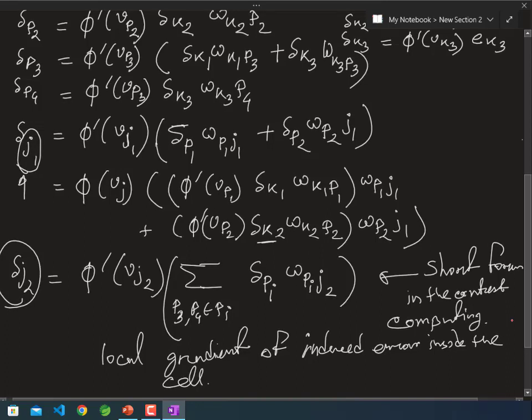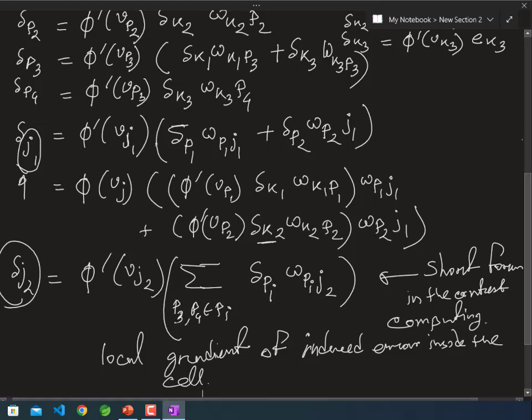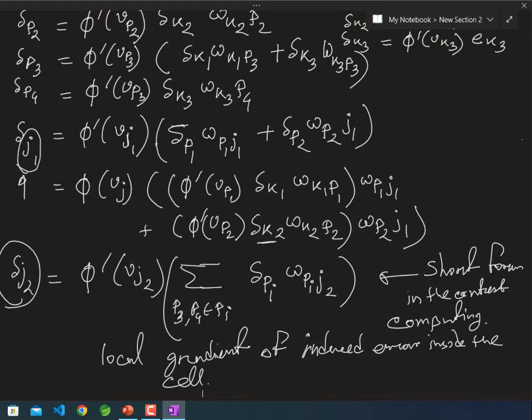This is the overall picture of how you can compute a local induced error with the help of the gradient, and compute it with the proportion of the delta of J2. So thank you very much. I hope you all understand how you can compute the hidden layer portion with the help of delta J2.